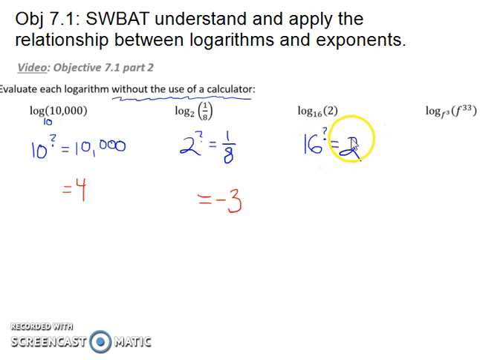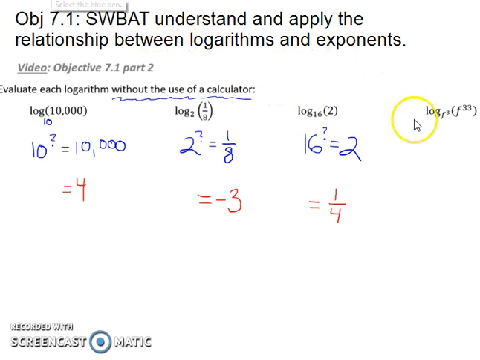So if you do 2 times itself 4 times, that gives you 16. Now this is going the exact opposite. So based on one of the objectives we learned last unit, the reciprocal is what would give me 2 in this case. So this comes out to be 1/4. 2 to the 4th is 16, therefore 16 to the 1/4 is 2.